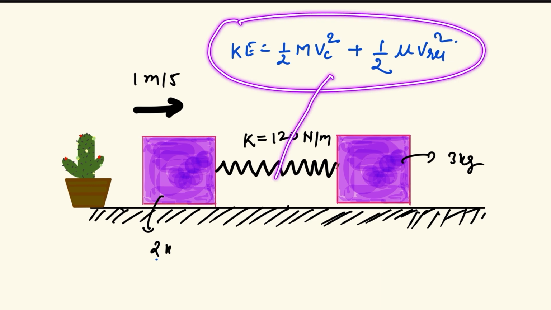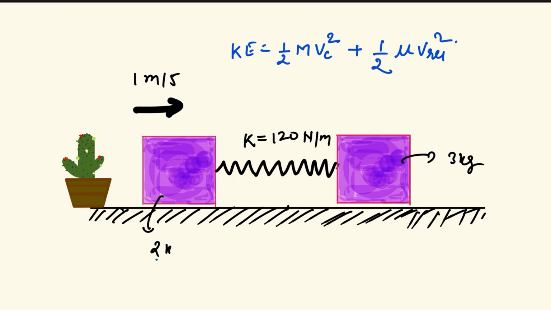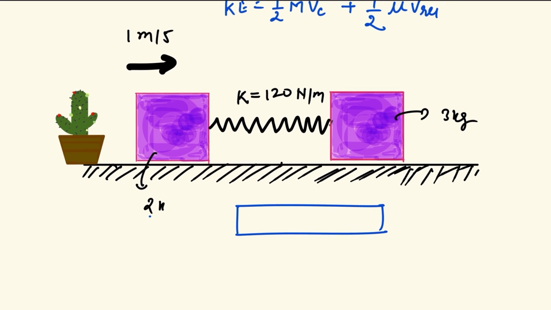Let us understand with a simple analogy. Let's suppose there is a train and this train is moving in this direction. And there are two persons, and this person is moving in this direction.